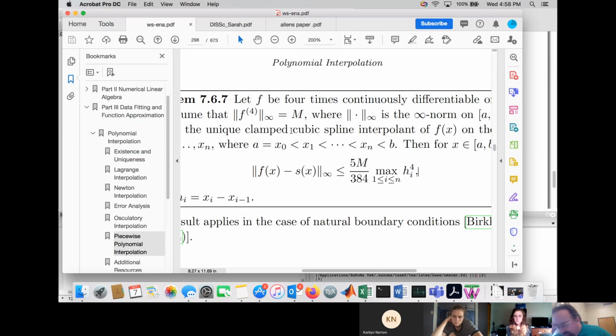Okay. So these are just certain important properties of cubic splines for different boundary conditions that I wanted to make you aware of. Okay. One subsection I'm not covering is Hermite cubic splines.